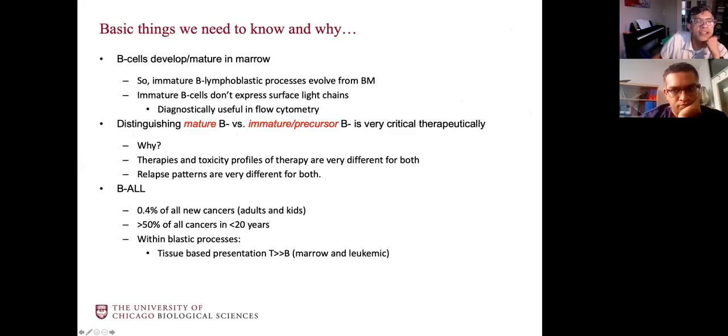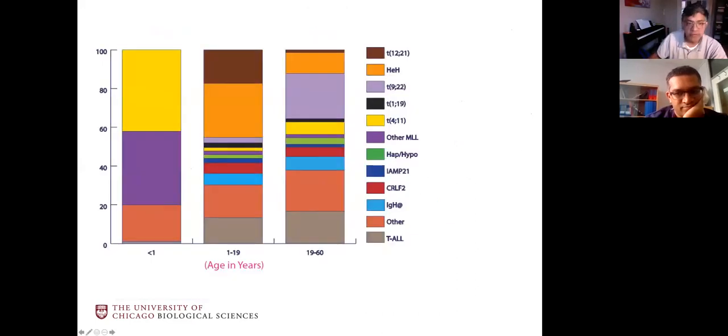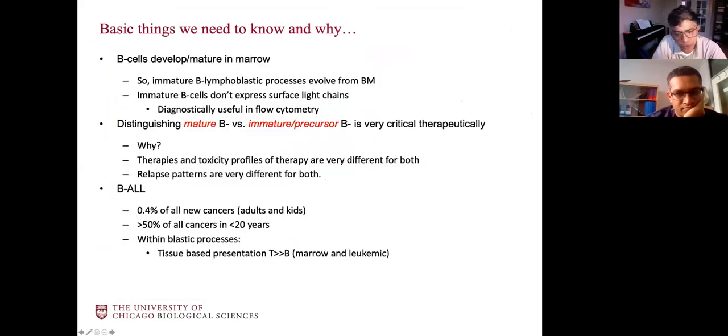Okay, nobody's talking. I can't hear you. Okay, you know what? I'm going to continue. I can't hear you anyway. So okay, for mature B cell processes, typically they give CHOP-R. So hopefully you know what CHOP-R is, right? R is rituximab and CHOP is part of the chemotherapy that we will not discuss right now.